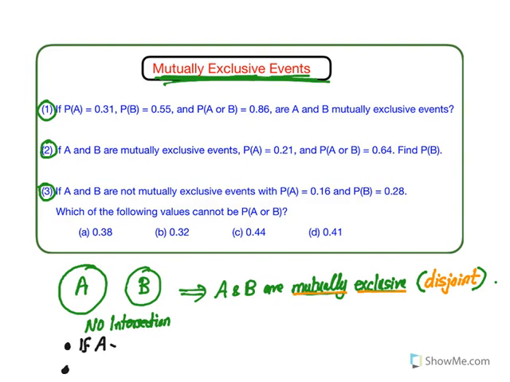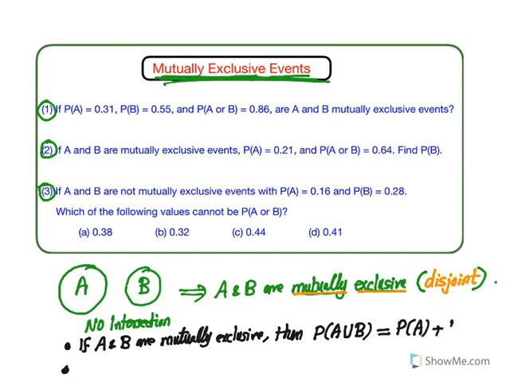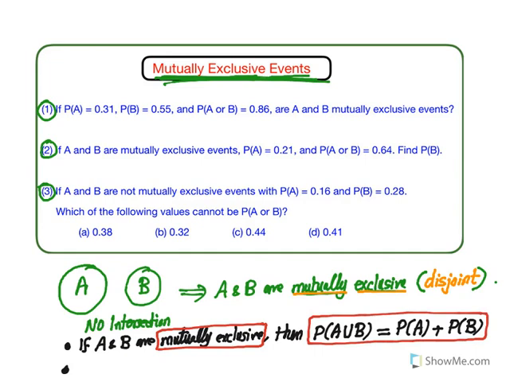If A and B are mutually exclusive, then the probability of A or B is the same as the probability of A plus the probability of B. Mutually exclusive implies that the probability of the union is the sum of the probabilities without having to subtract anything.